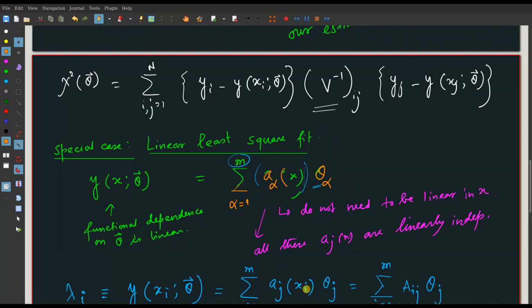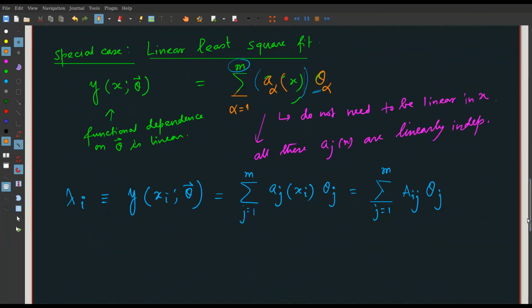These two numbers may be different. You see, I am summing over m here, and over capital N there. So I reserve this and call this alpha. Sorry for this. Nope, I was fine. So this is a_i alpha theta_alpha.